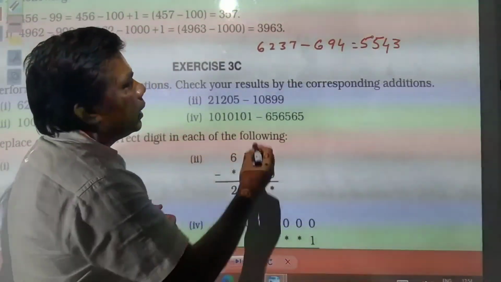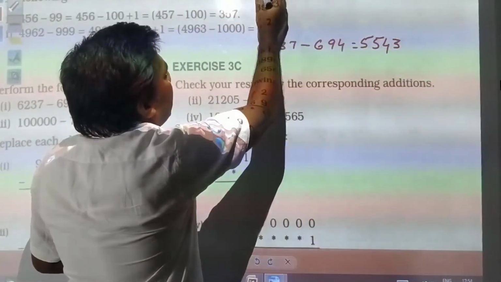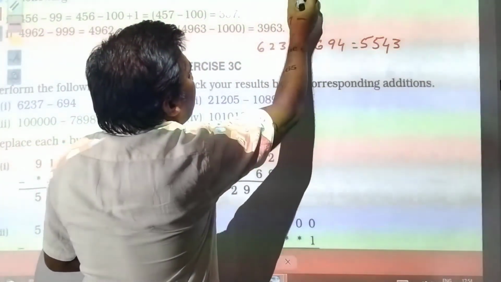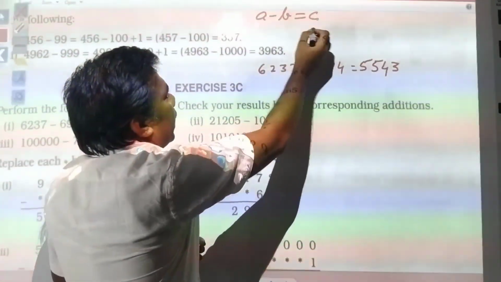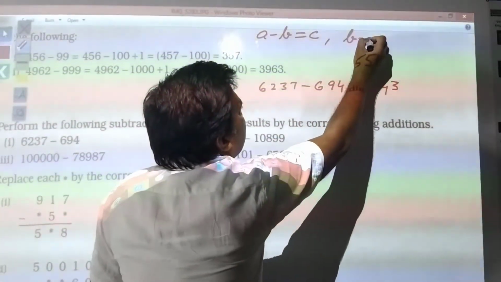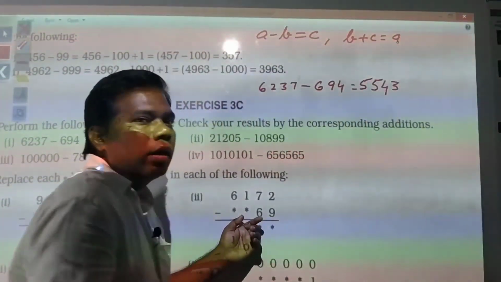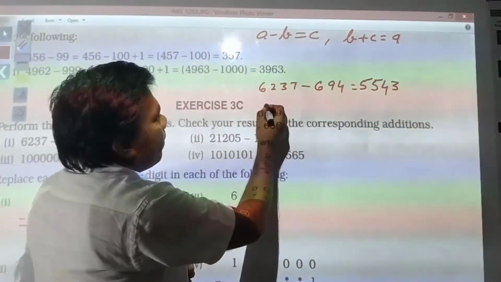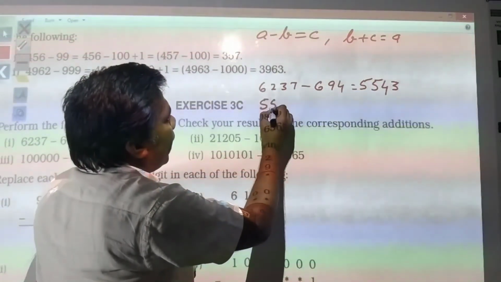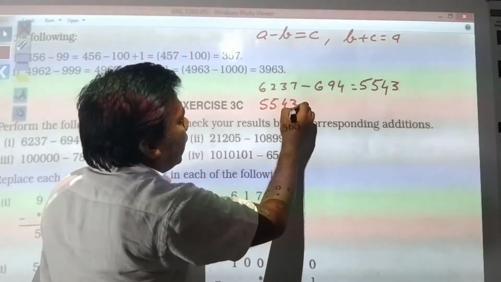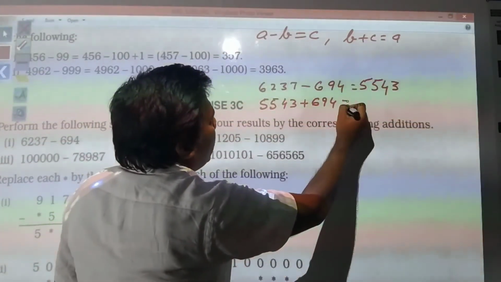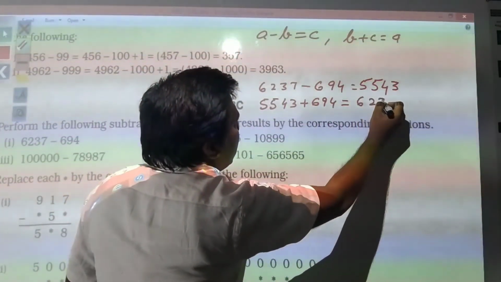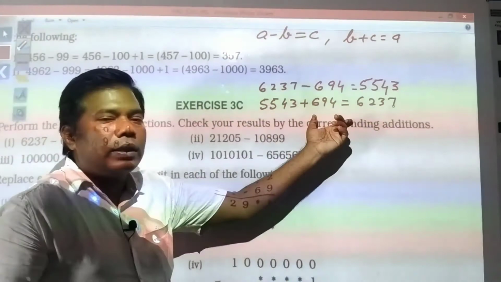Now check your results by the corresponding additions. You need to check the results. As you had seen, A minus B is equal to C, then you can write B plus C is equal to A. It means what? 694 plus 5543 will be equal to 6237. That you check that is coming or not.